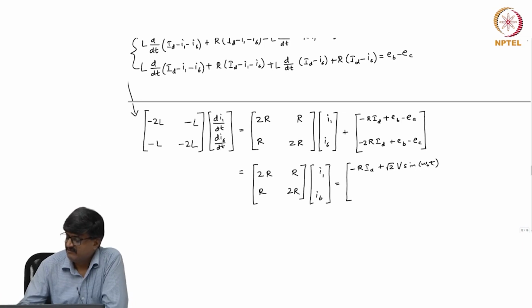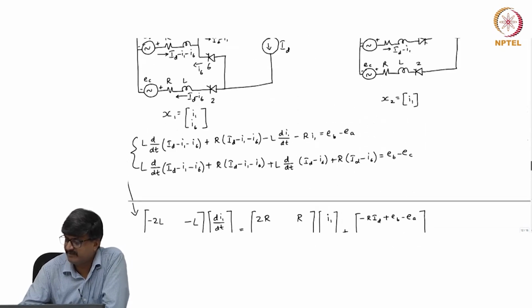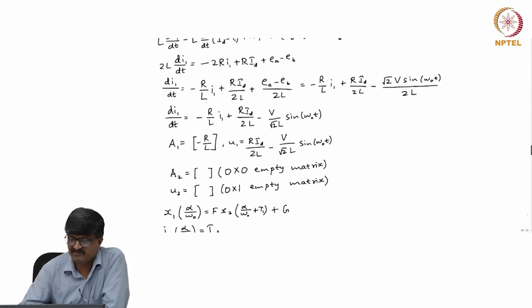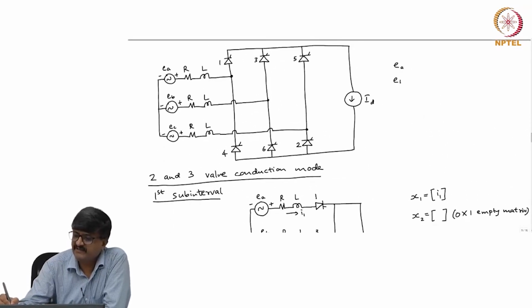Of course, I have been using the same expressions for E_A, E_B and E_C which I have been using even for the simpler case of 0 resistance. I have not changed these expressions.